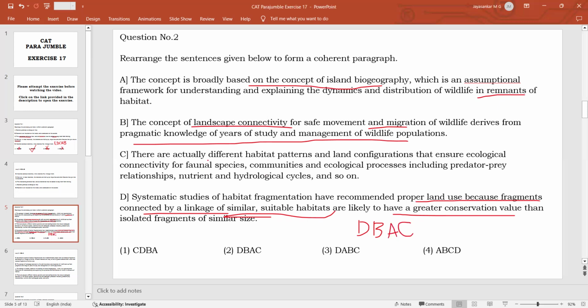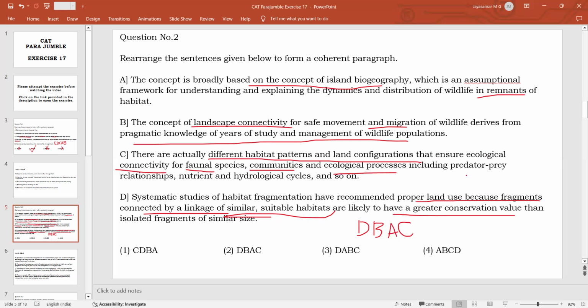So that is why it says that there are different habitat patterns and land configurations that ensure ecological connectivity. In order to ensure ecological connectivity, there are different methods by which we can connect the land configurations or habitats for faunal species, wildlife species, wildlife communities, and ecological processes, including the predator-prey relationship.